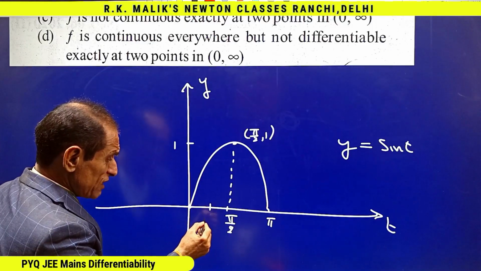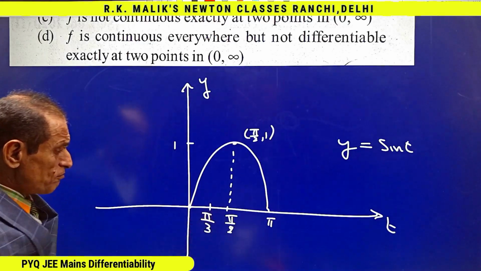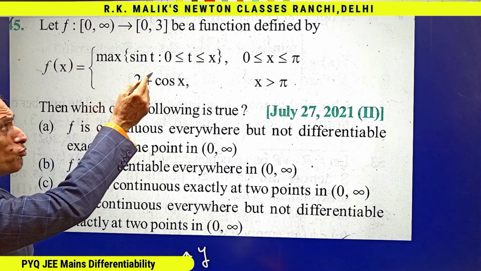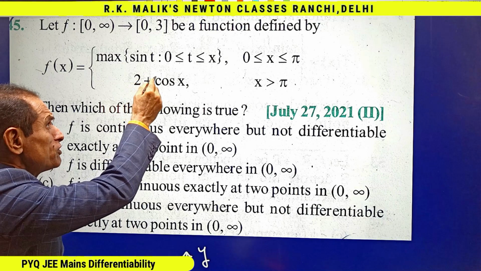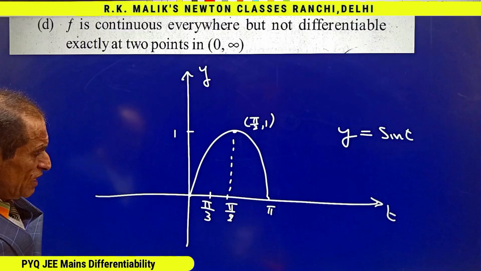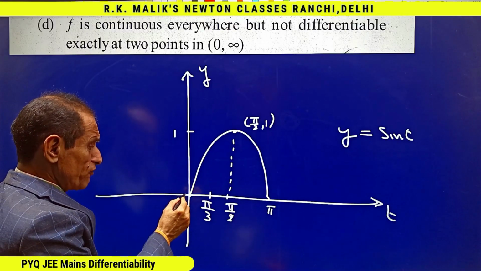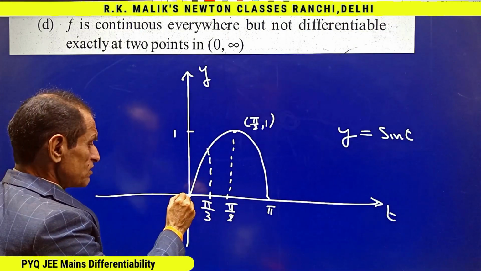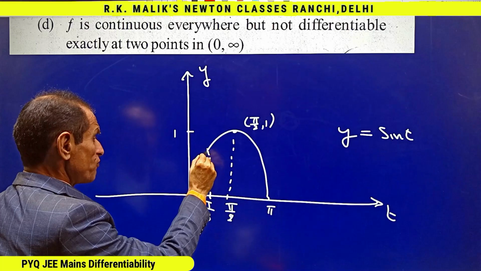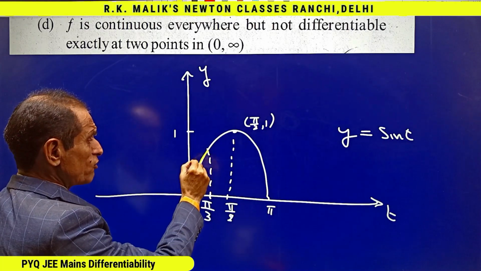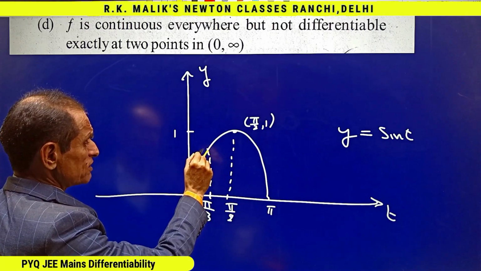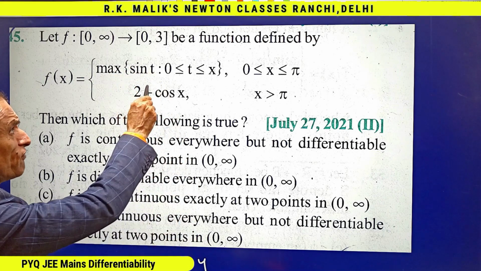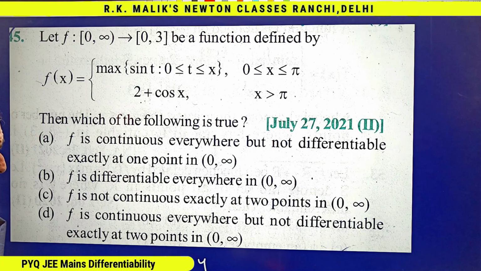Suppose the value of x is pi by 3. Then according to this information, I will have to make t vary from 0 to pi by 3. As t varies from 0 to pi by 3, from this part of the graph, it is clear that the y coordinates of all these points are different values of sin t.